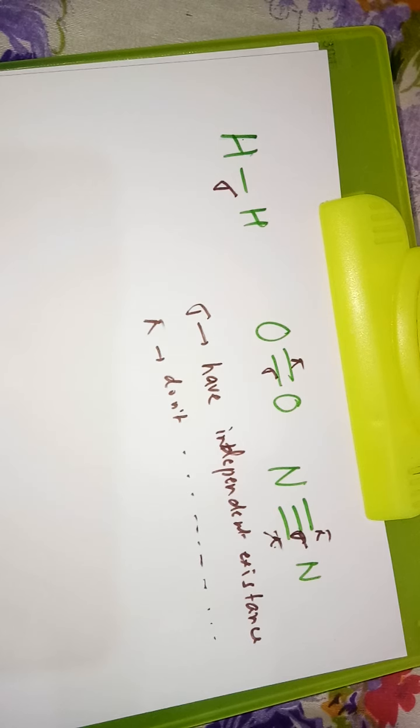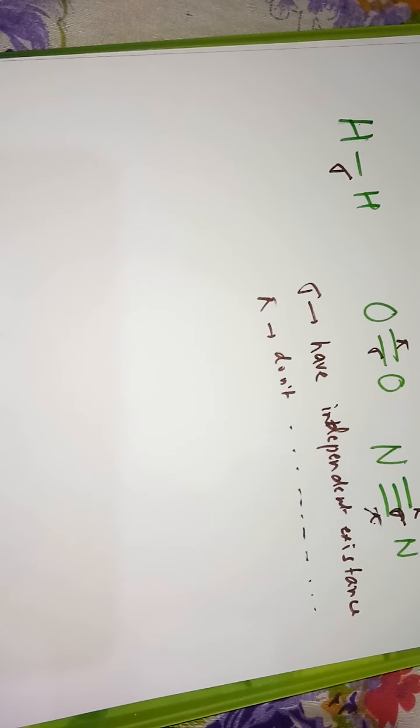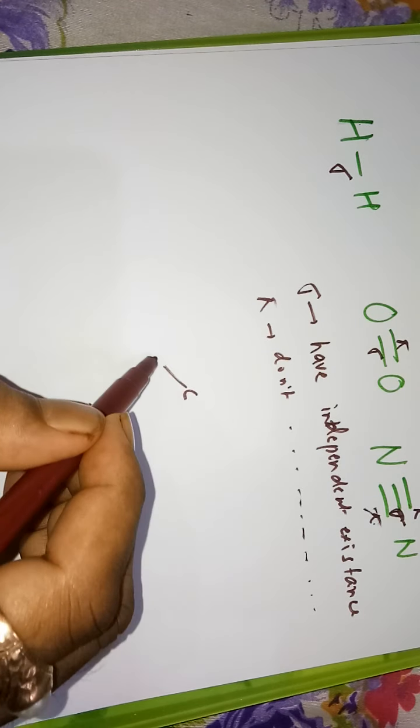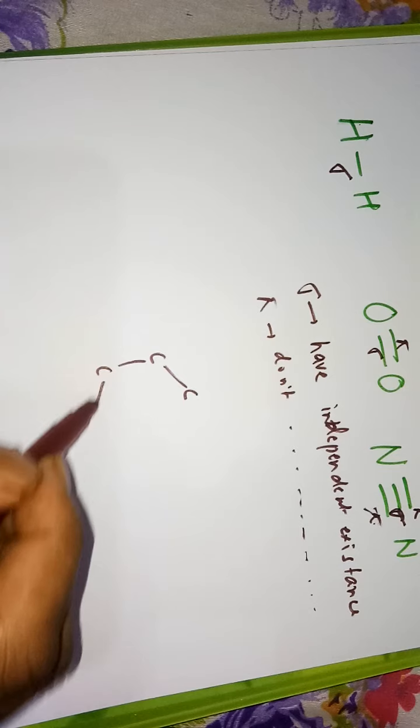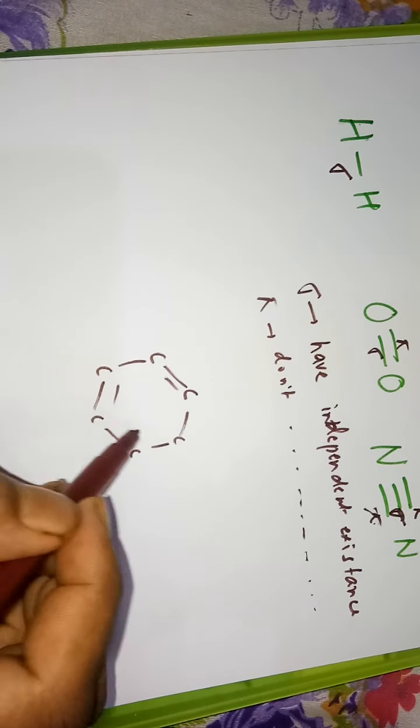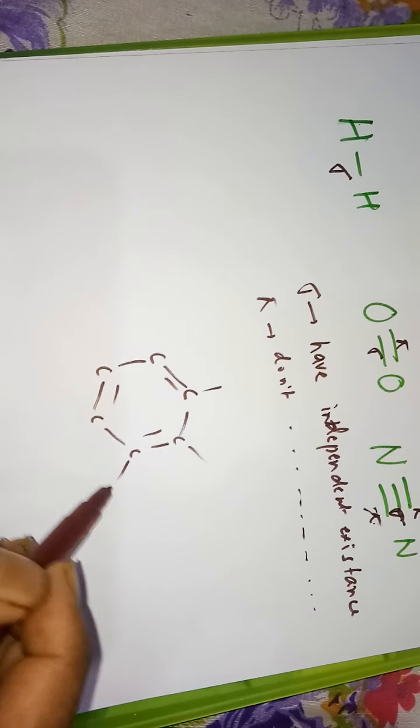Sometimes questions may come on how many sigma and pi bonds are there. Now if I draw the structure of benzene, this is the structure of benzene.